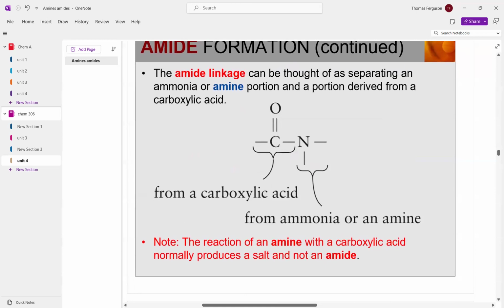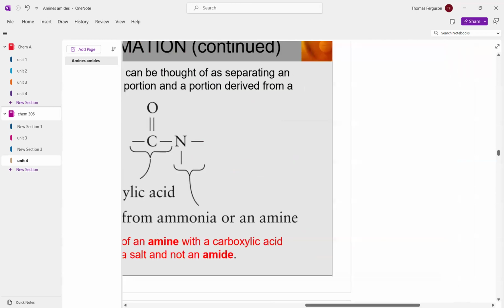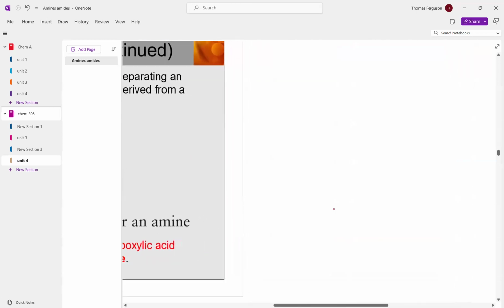So like we did with esters, say we had that, where this part is the alcohol. Over here was the acid part.